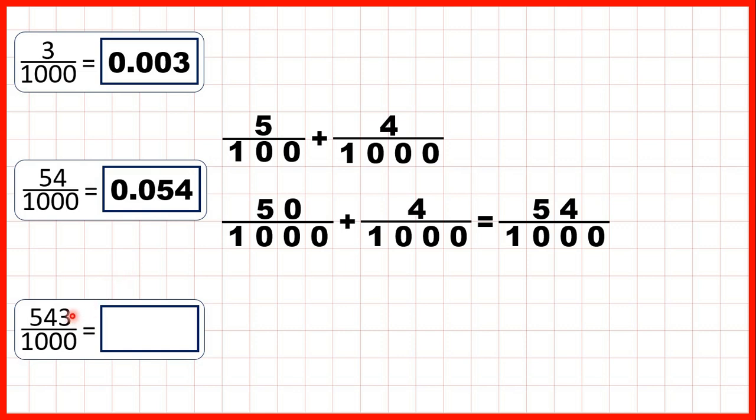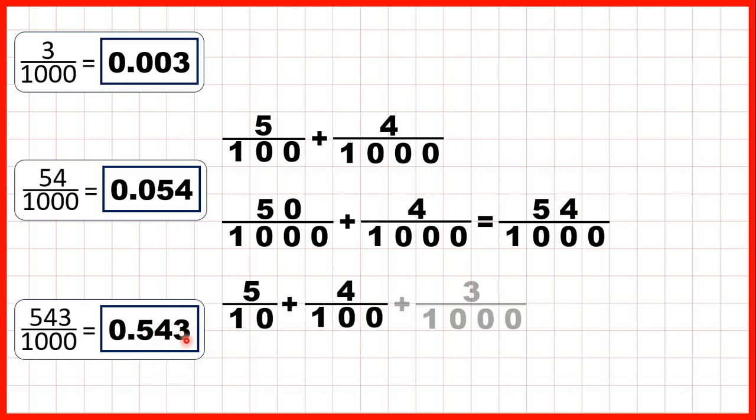Then we had 543/1,000ths, which is 0.543. So as a decimal, that's written with 5 in our tenths column, 4 in our hundredths column, and 3 in our thousandths column. But 5/10ths is equivalent to 500/1,000ths.